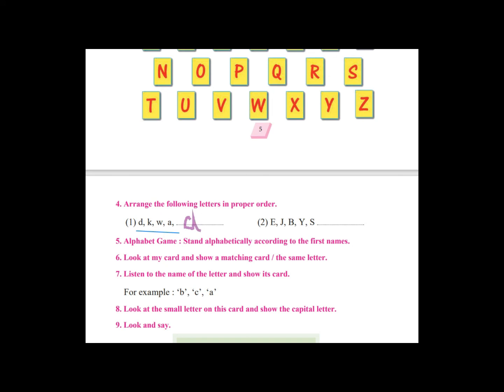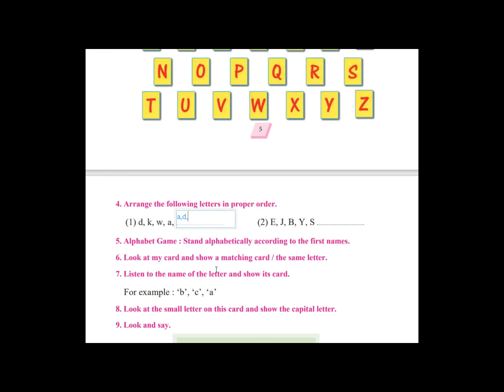Then what is coming after A? B. But is B given? No, in this question B is not given. Then what comes after B? C. Is C given? No. Then D. Then what comes after D?